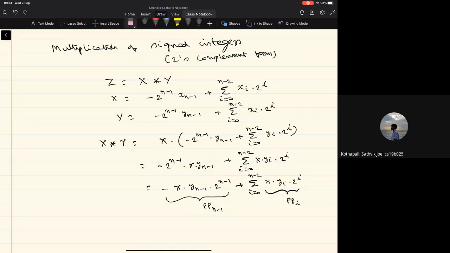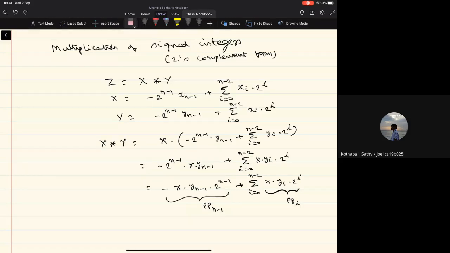Now, x can be positive or negative, and y also can be positive or negative. So the entity that we get here, x y n minus 1, 2 power n minus 1, again can be positive or negative. And then we have to compute the negative of that value.